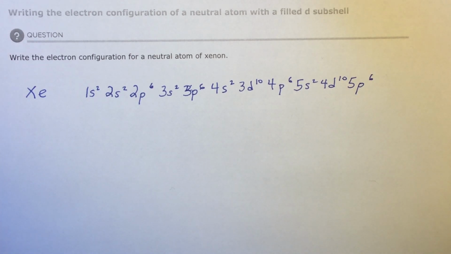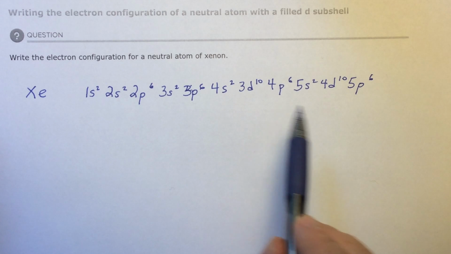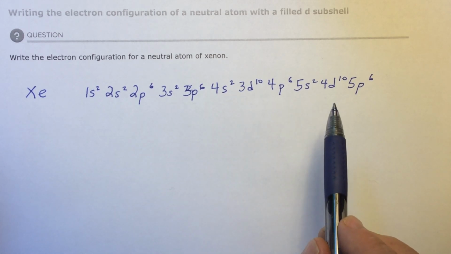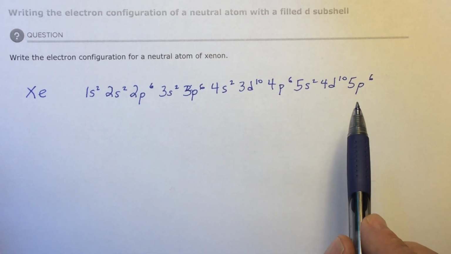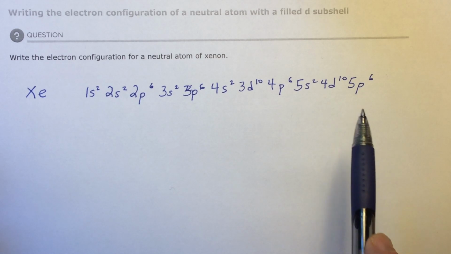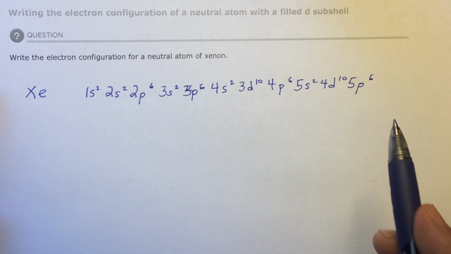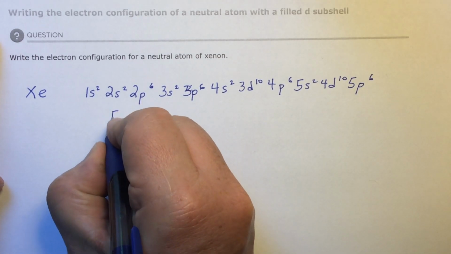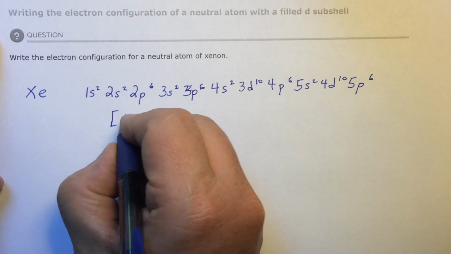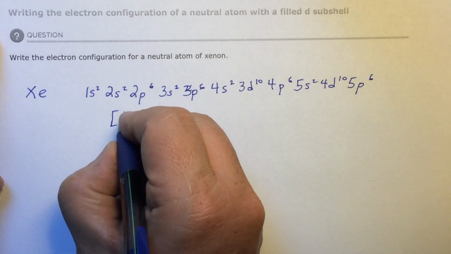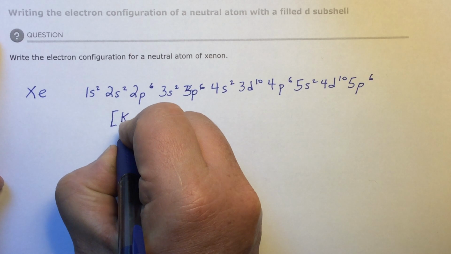That's xenon. Now this is really long, and you're going to see that the lower down on the periodic table, the longer this address gets. You'll eventually have a shortcut. Krypton is the noble gas directly above xenon, on the previous row. It's number 36.